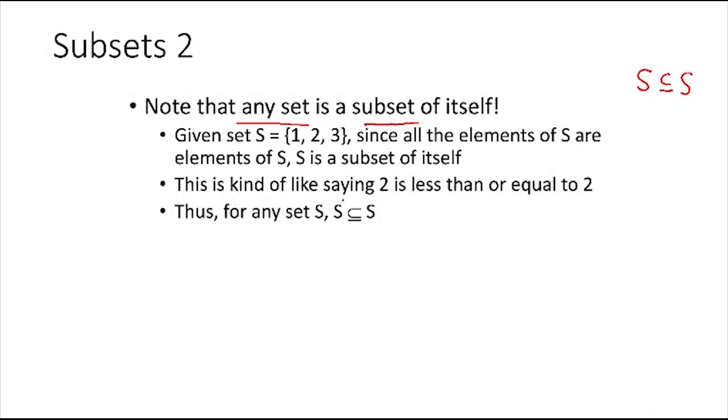So 2 is less than or equal to 2 is always possible. So you can remember this as we are writing something as less than or equal to. This S is less than or equal to S. For remembering this thing, this will be easier for you, right?